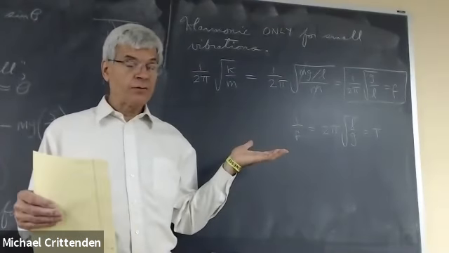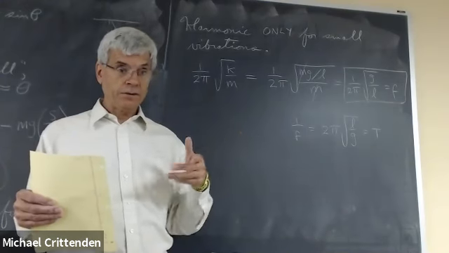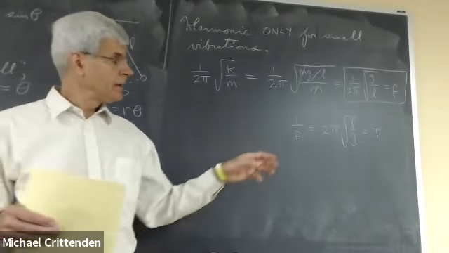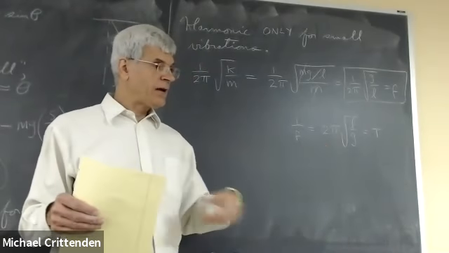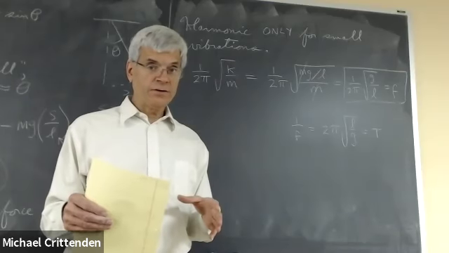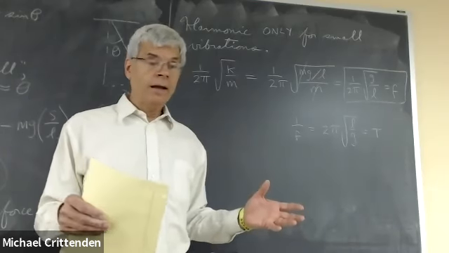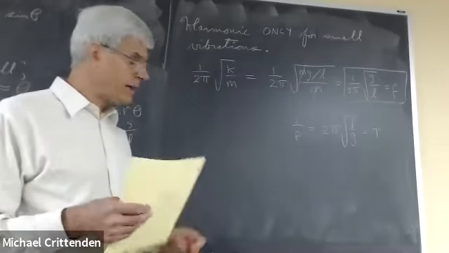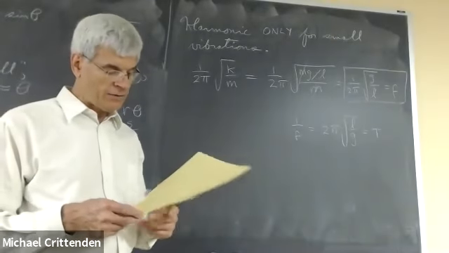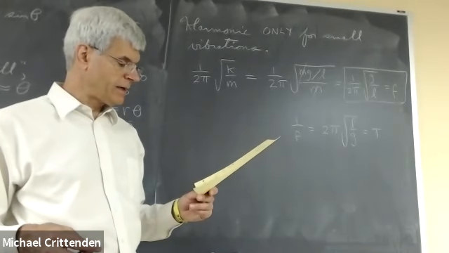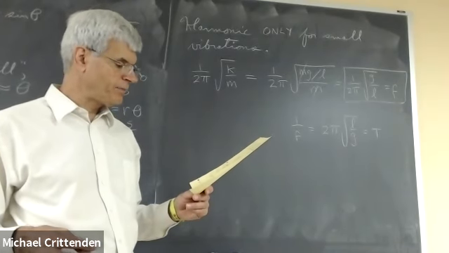If you let the clock run a long time, this is the idea behind the next sample problem that I'll get to in a minute. If you time something like 100 periods, that will make the percentage of uncertainty very small, and you'll be able to measure g at least as accurately as we did with that device that we used in Lab 1B. But I've got a couple more things to write down before I get to the sample problem.